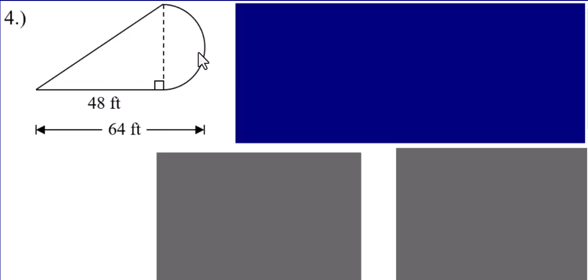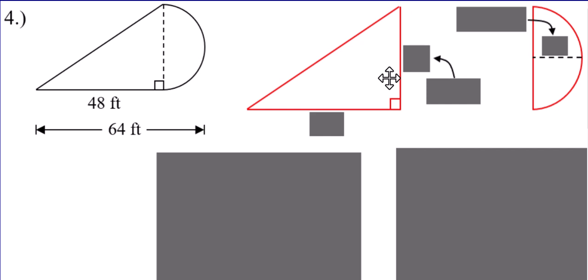Finally, problem number 4, we obviously have a triangle and a semicircle. Again, you could kind of argue that you don't really need to draw them because it's already there. 48 feet is definitely the base, but how do we get the height? This was the trickiest one on the page. You are actually going to need to get the radius before you get the height, and here's why. We know the radius could be from here to here.